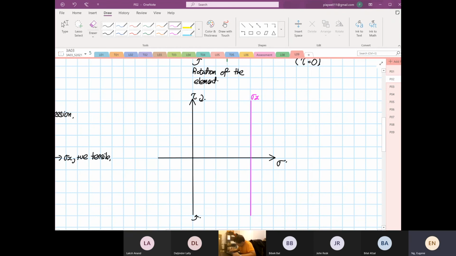Okay, and then the next one over here will be our stress Y line. Because they have no shear, this will be our point X. Over here, this is our point Y. Then we can construct our Mohr circle.